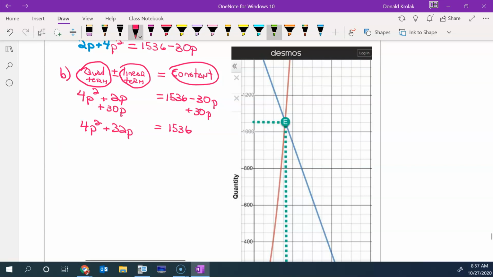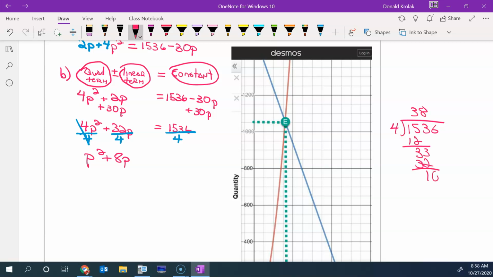So I'm going to divide by 4, get rid of that coefficient. p squared plus 8p equals 384.